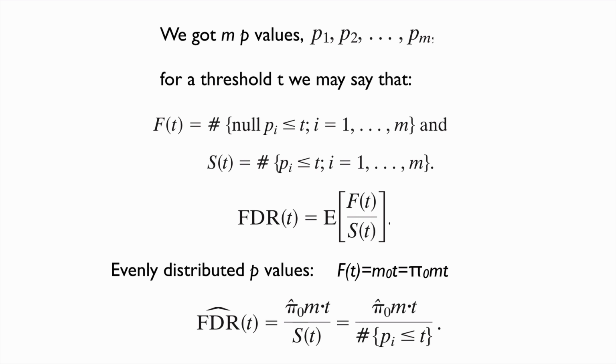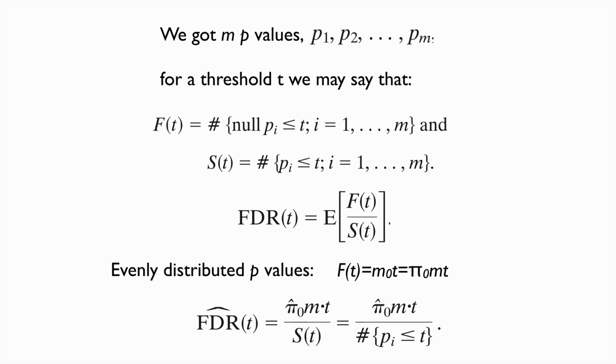So the invention here of the paper is that the authors realized that you can calculate the number of p-values F(t) as a function of just the threshold you select, because the p-values are supposed to be evenly distributed, just by definition. P-values are evenly distributed under the null hypothesis.